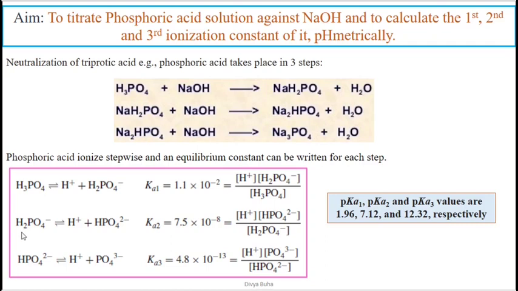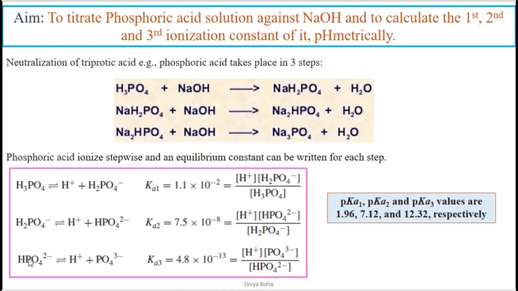Now, in the second part, H2PO4 minus again reacts with NaOH to release one of the protons and it gets converted into HPO4 2 minus, that is, Na2HPO4 is formed. During this process the ionization constant Ka2 is equal to 7.5 into 10 raised to minus 8.